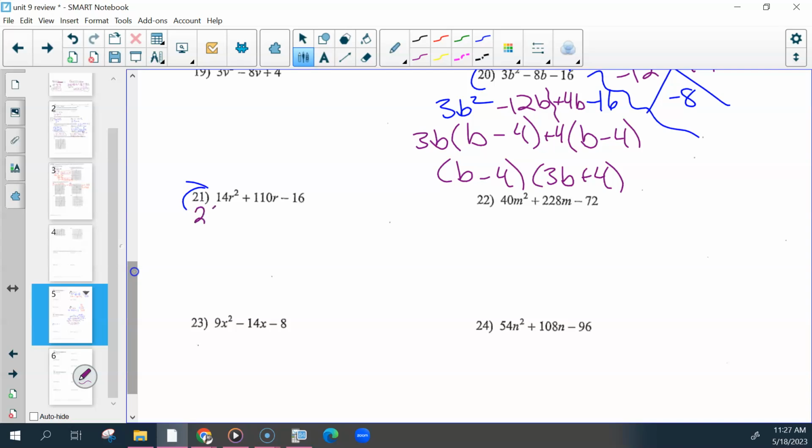So if we divided 2 from each one, we'd have 7r squared plus 55r minus 8. Then the rules are the same. Multiply 7 and negative 8. Find 2 numbers that multiply to be negative 56, but add to be positive 55. Add or subtract.